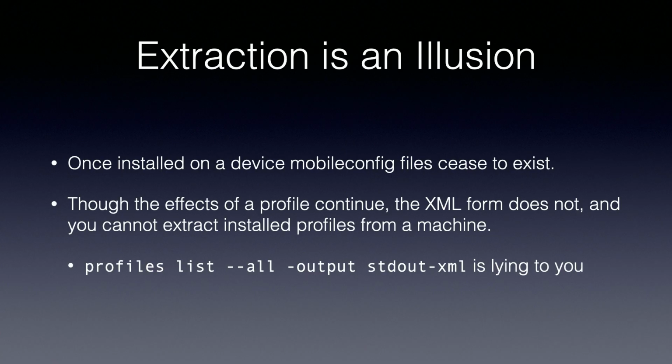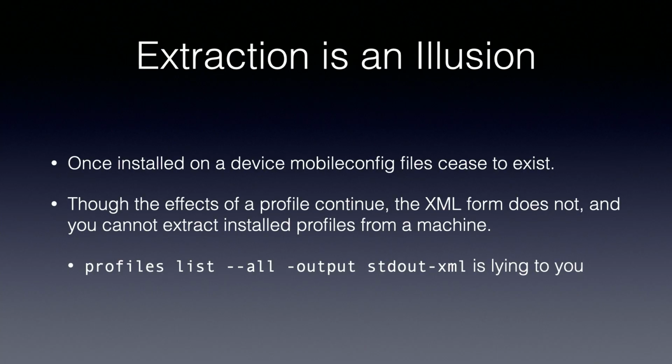There's a database file called system configuration on Macs for them. But you essentially are never getting them back from the computer once you install them on it. Use Git, use whatever archive tool you want, but keep your configuration profiles around because you won't be able to extract them.